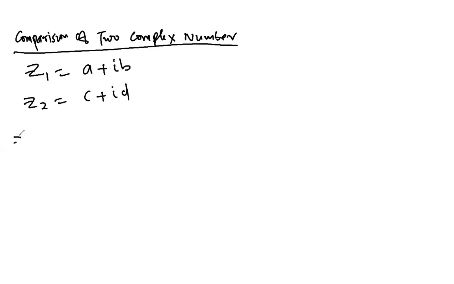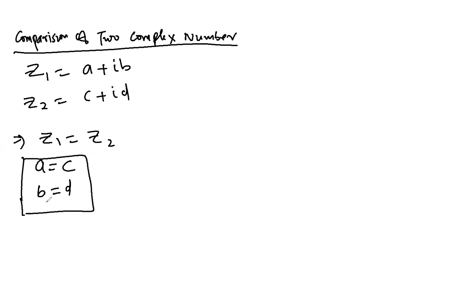And if we say that the complex number z1 is equal to z2, then the real part of z1 should be equal to the real part of z2. So a will be equal to c and b will be equal to d. Then these two complex numbers will be equal.